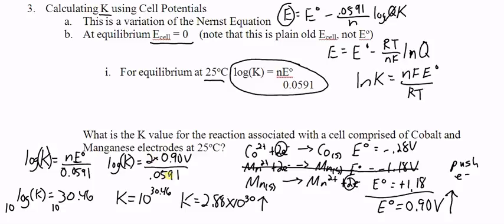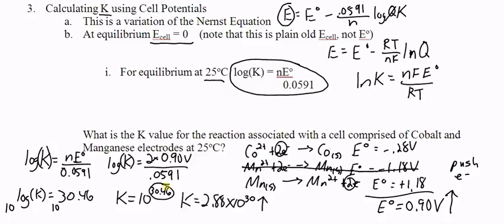We've got this 0.0591, which automatically is starting to turn this into a value of somewhere around 30 automatically, and so really it comes down to the ability of the cell potential to temper what the result is in terms of this number.